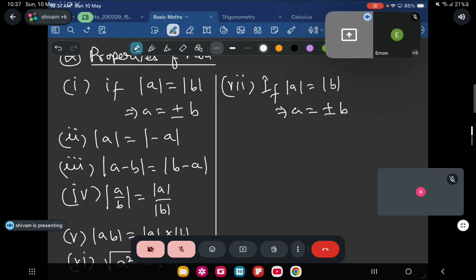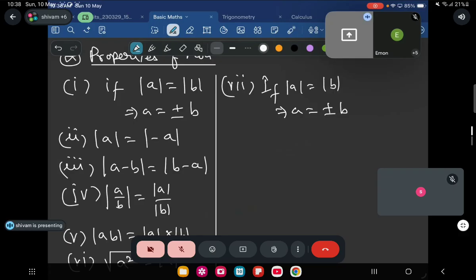Sir, in property 6, if the power is any even number, then also it will be mod A? Power is any even number, like 4. Correct.